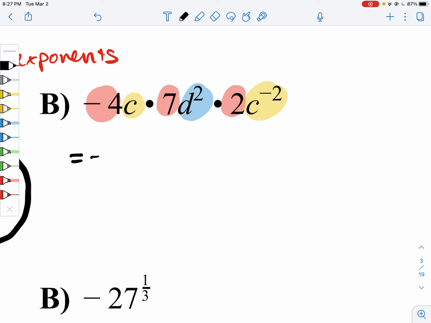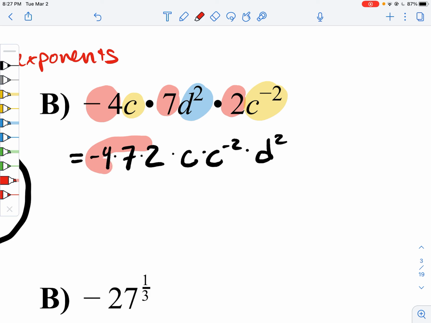First by multiplying -4 times 7 times 2. And then by multiplying C times C to the -2nd. And then multiplying by D squared. Remember, we're allowed to scoot these around because of the commutative property of multiplication, which tells us we're allowed to rearrange them, to move them around.